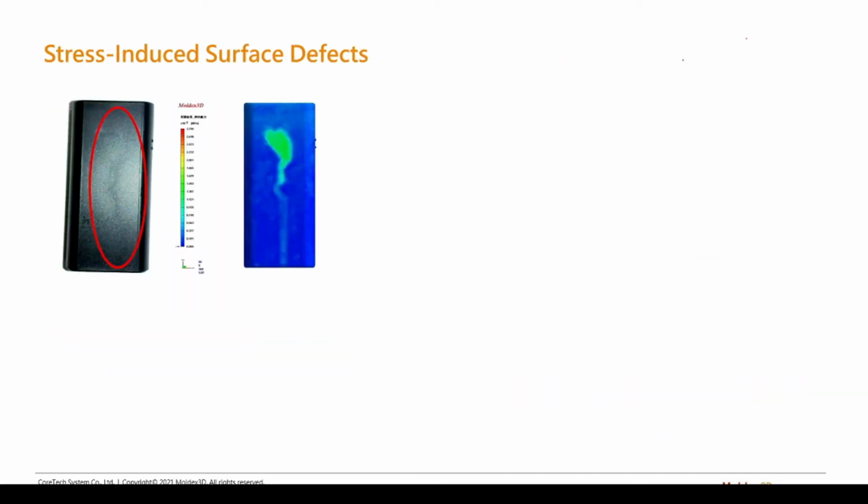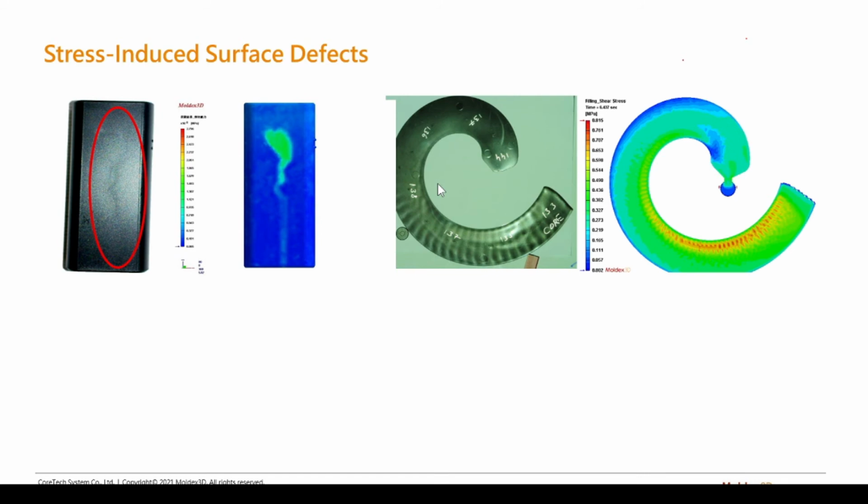Looking at a couple of common surface defects, first of all, we get what's called a stress mark. Stress marks are typically caused by either a high amount of shear stress in a particular region or, more importantly, a gradient of shear stress, which can actually be even more dangerous for certain materials. This is what we call tiger striping, where you get a recurring stalling out of the melt front.